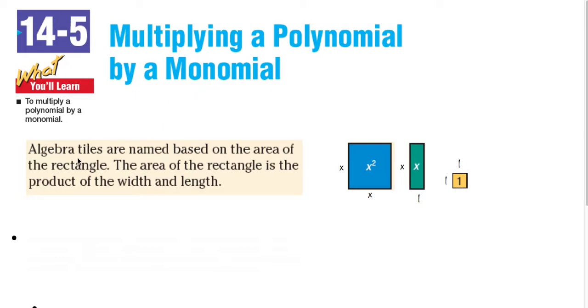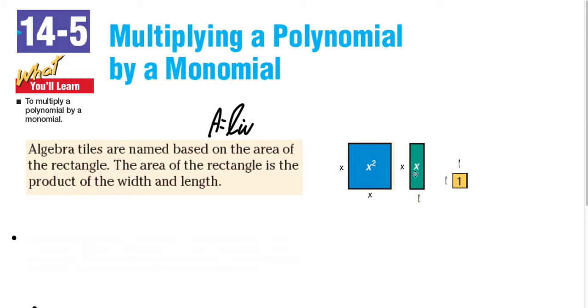So let's take a look at how to multiply a polynomial with a monomial. Algebra tiles are named after the area of the rectangle. The area of the rectangle is the product of the length and the width. We know this. The area of a rectangle is no more than length times width. So our x squared tile is the product of a length of x and a width of x, so we have an area of x squared.